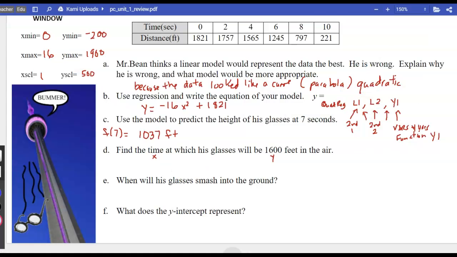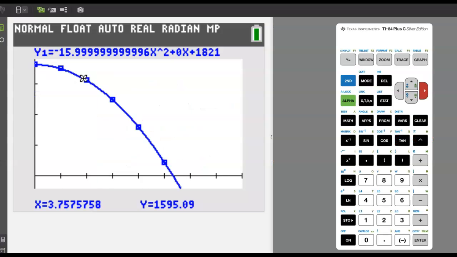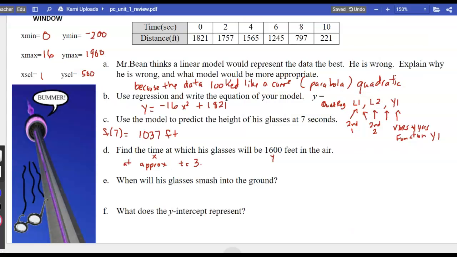Again, we can do a little more exact, but t equals 3.758 seconds. That's when it will be at 1600 feet in the air.